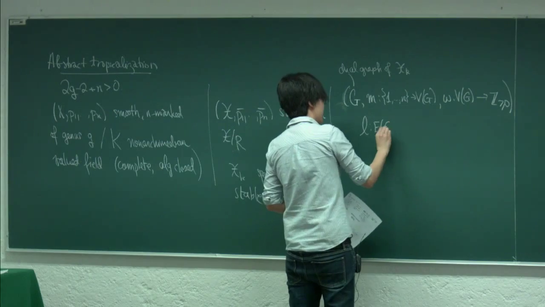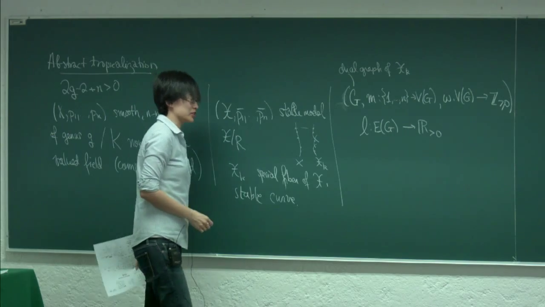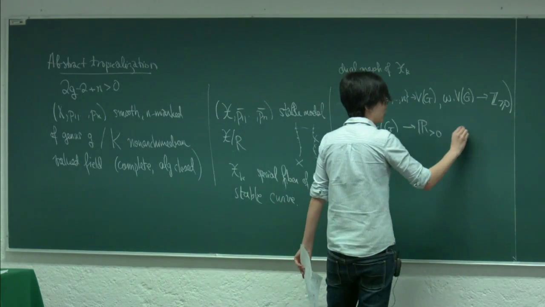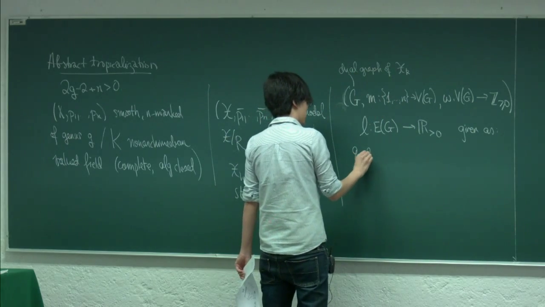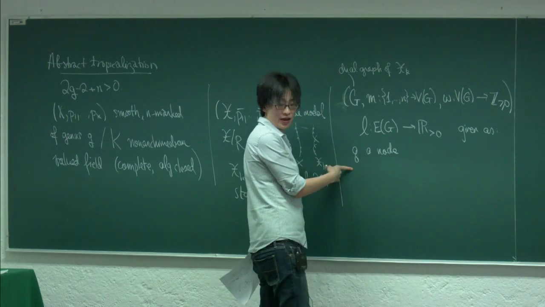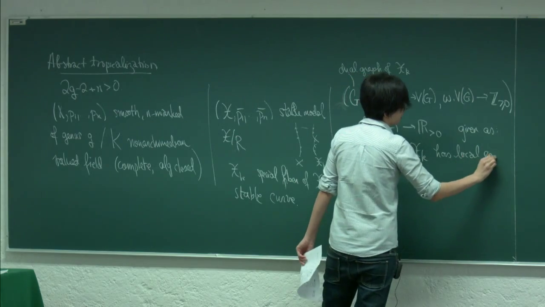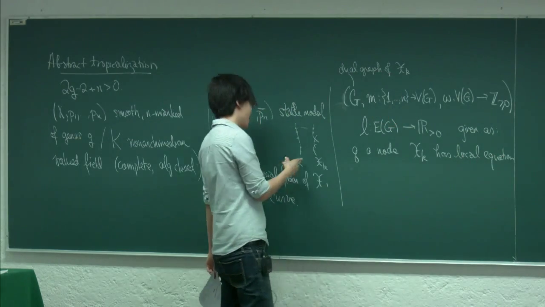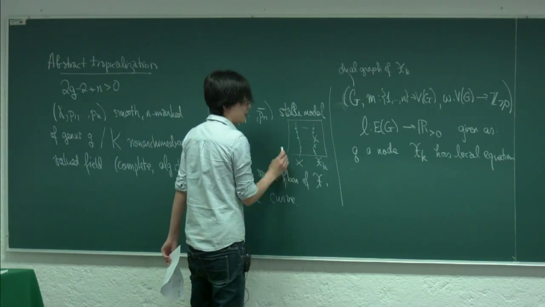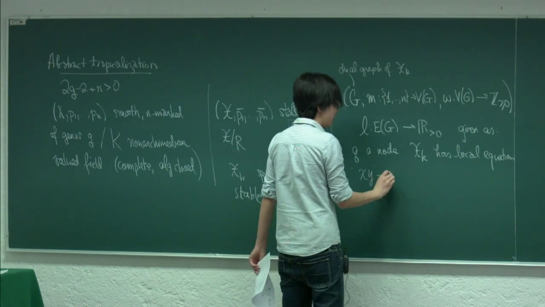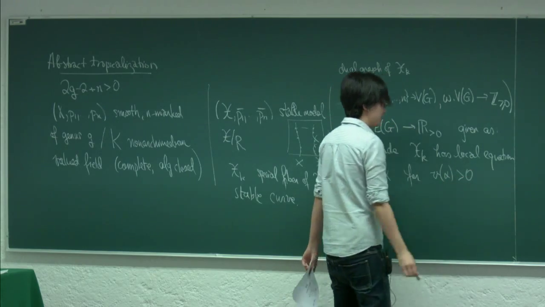And to make this a tropical curve, we equip the edges with the following length function. So we note that a node, say Q in the special fiber, viewed now as a closed point in the surface, curly X over Spec R, has local equation of the form xy minus alpha for some alpha in the valuation ring, in fact with positive valuation.